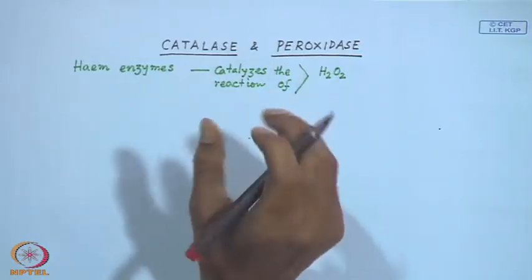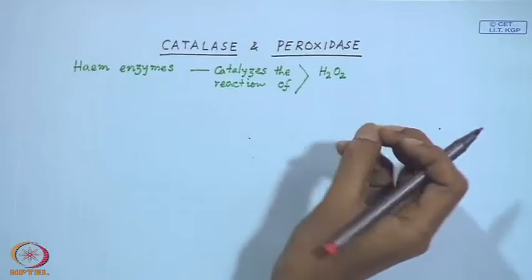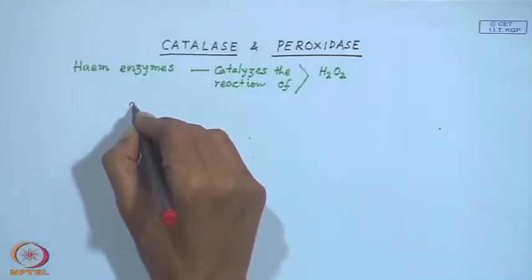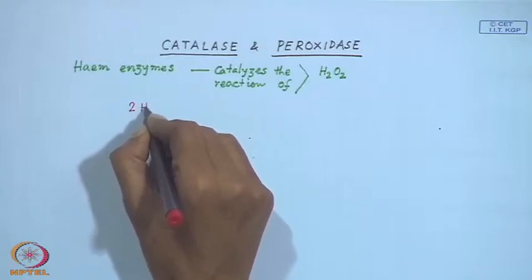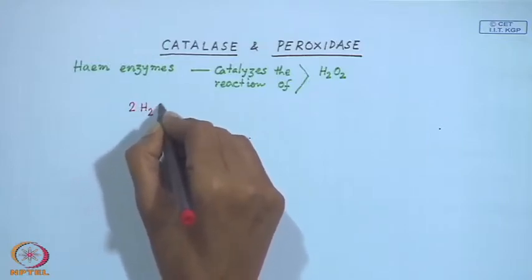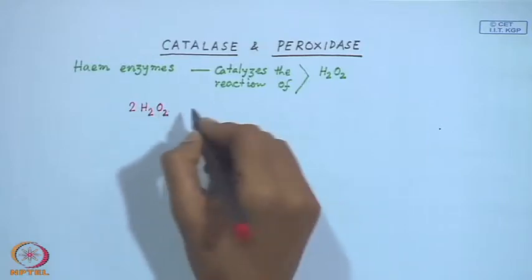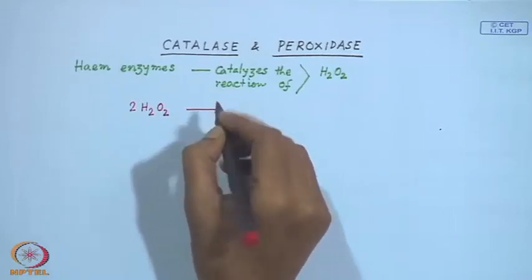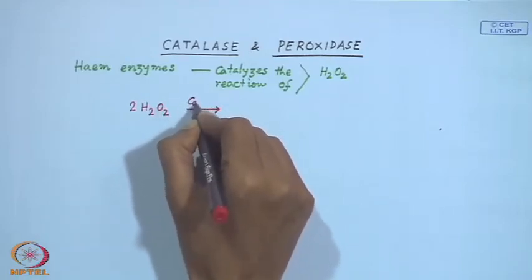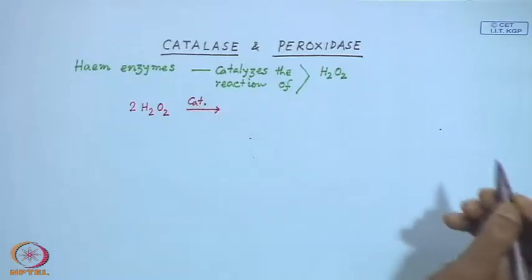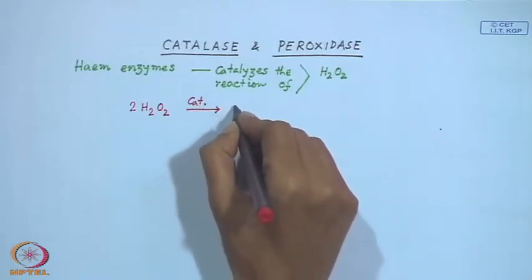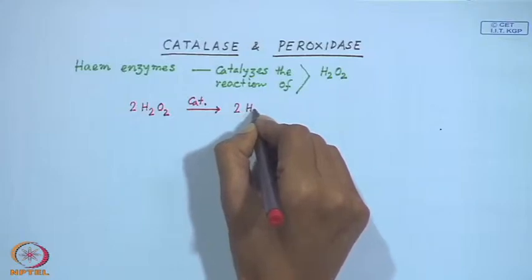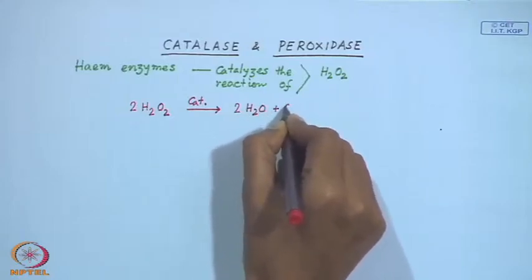You should clearly understand that one is catalase and another is peroxidase, and it goes sometimes through the same intermediate, where in the first case it is the reaction of one molecule of hydrogen peroxide with another molecule, involving the catalytic activity of catalase, giving rise to water and dioxygen.